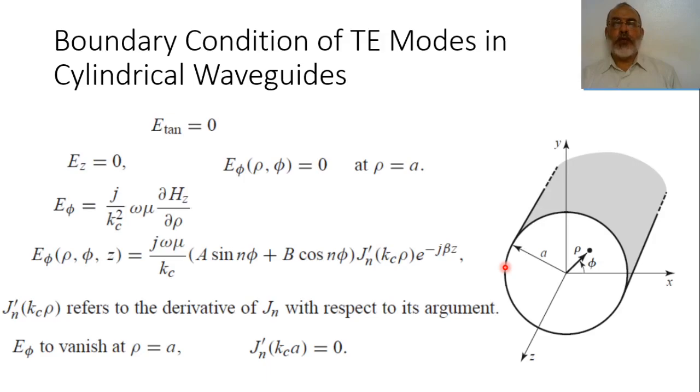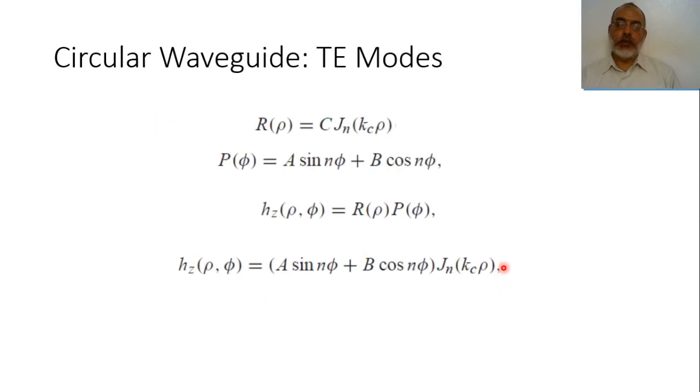In Hz, we have the unknown amplitudes A and B, and we also have the unknown cutoff wavenumber Kc. What is the value of Kc in the present case?